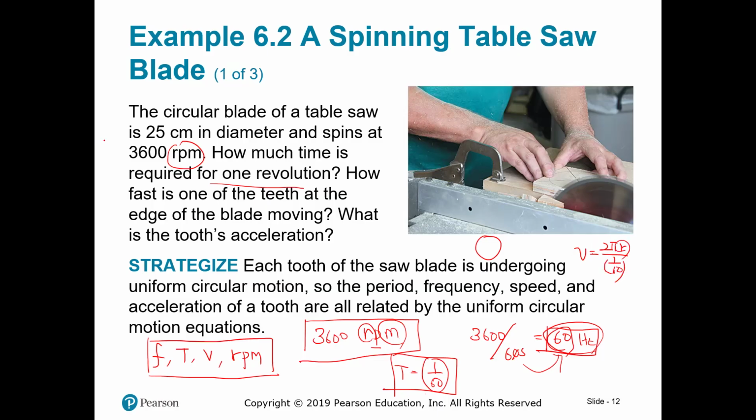Your r is 25 centimeters, but diameter is 25 centimeters, so your r is 12.5 centimeters, so that's going to be 0.125. If you insert r as 0.125, you can find the velocity. And then what is the acceleration? For circular motion, centripetal acceleration is v squared over r, right? Now we know what v is, we know r, so you can find the answer.